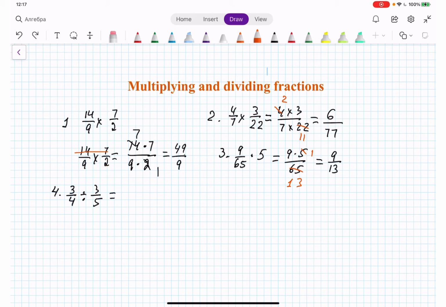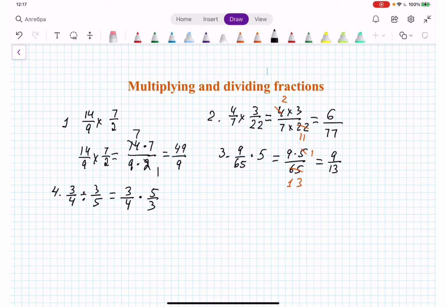But when we divide, we multiply cross, meaning numerator by denominator and denominator by numerator. Or, the way they usually teach, you flip the second fraction, keep 3 over 4, and do multiplication. Multiply by 5 over 3.